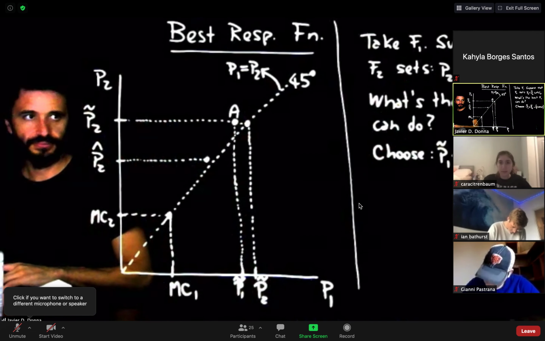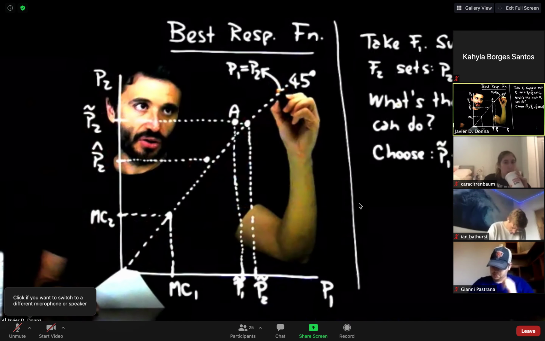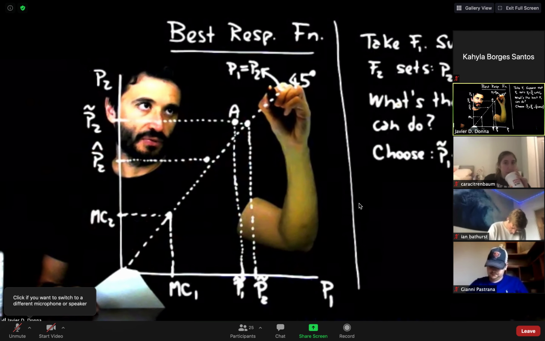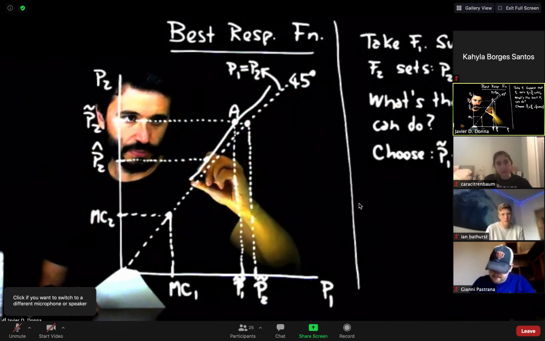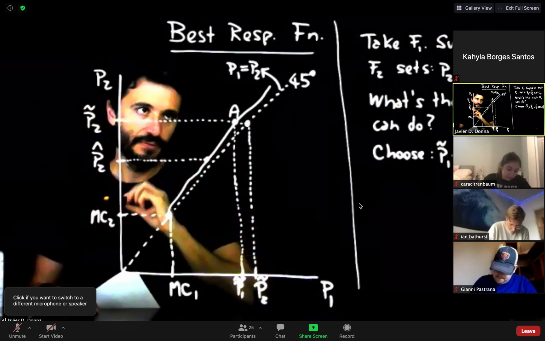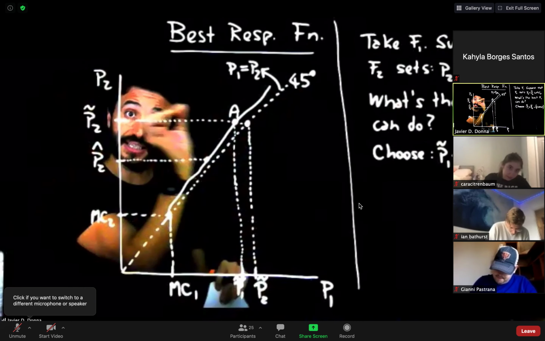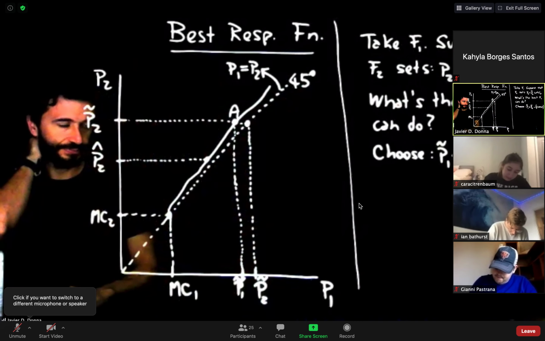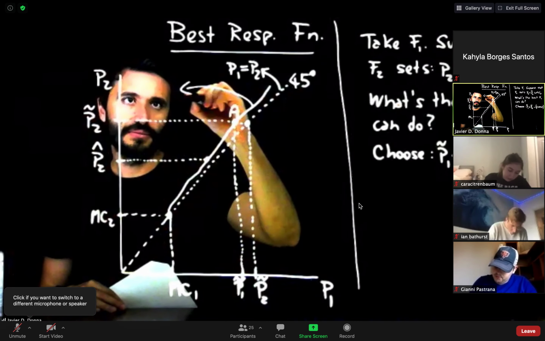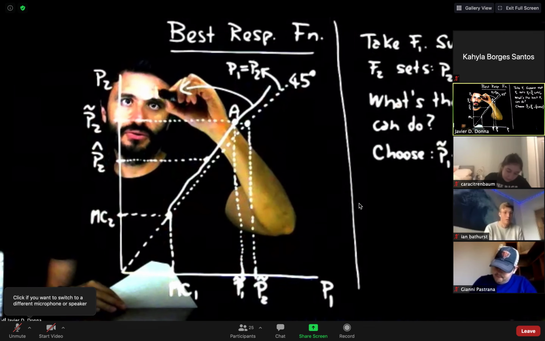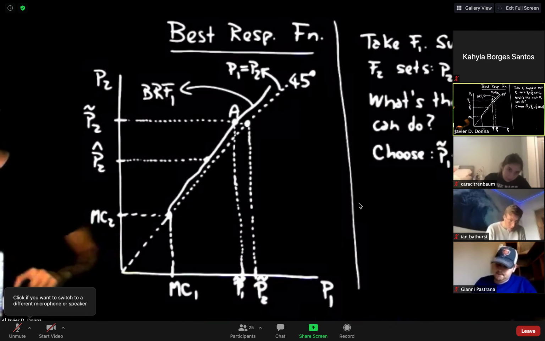And you can continue that way, deriving points on the best response function. So the best response function is going to be a line, parallel to the 45-degree line, 1 cent to the left. And this is going to be the best response function for firm 1.